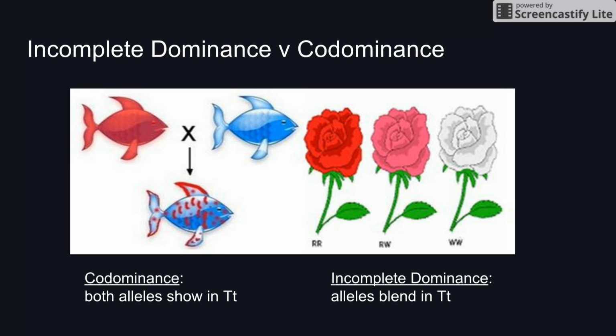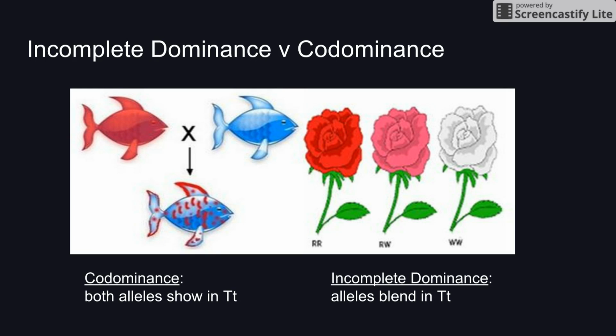Okay, some other things we talked about that do not follow Mendel's rules are incomplete dominance versus codominance. So codominance is this example on the left here, where you have 2 different colors of this fish. So we have red alleles and we have blue alleles, and they both show as red and blue in the homozygous genotypes.